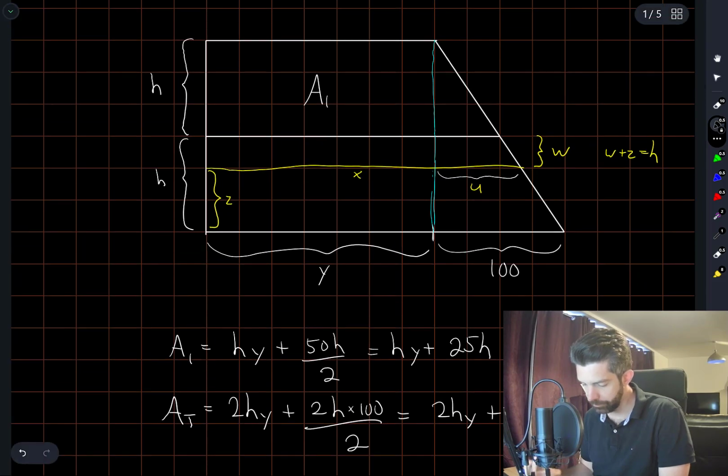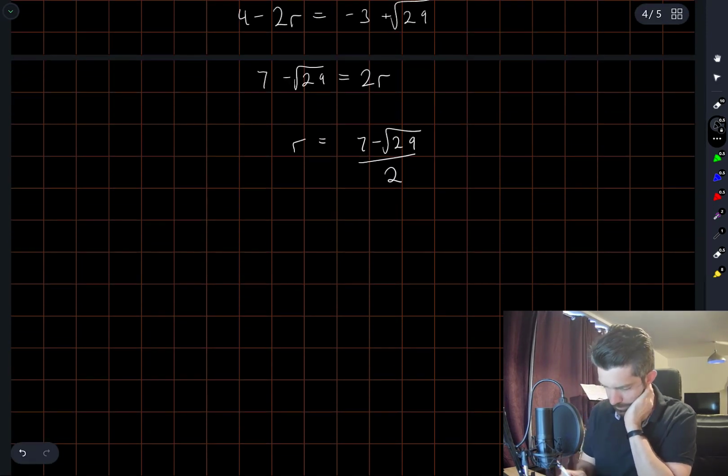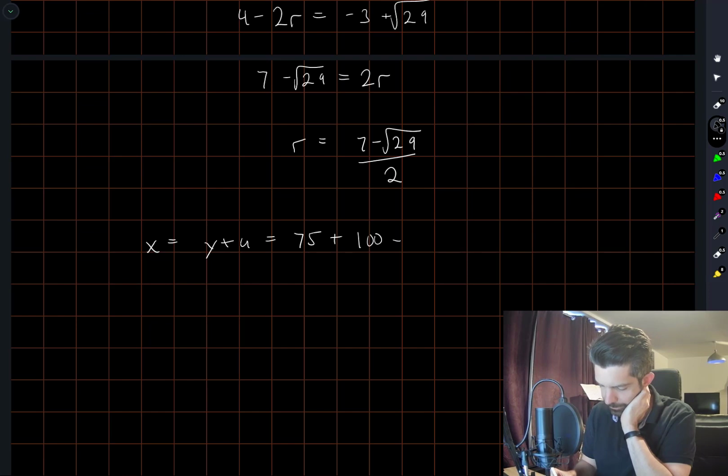Okay, so x is equal to y plus u, which is equal to 75 plus 100 minus 50r. That's 175 minus 25 times 7 minus root 29.